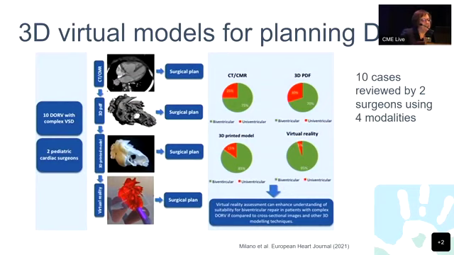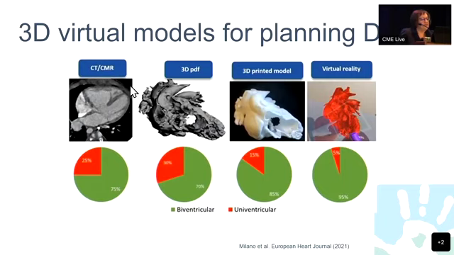And they were asked to plan the surgery based on CT, CMR type of images, a 3D CT or MRI image, a 3D printed model, or a virtual reality that they could work with of the same case. And I'll show this a little bit bigger, but basically from the CT, CMR data, they said that 75% of the cases could go on for a biventricular repair.